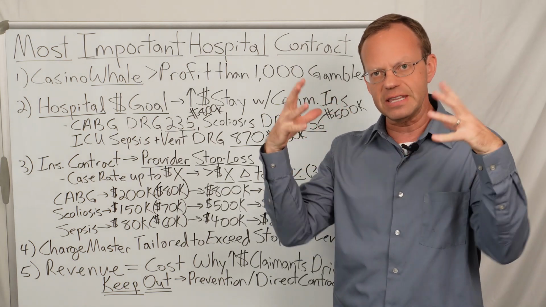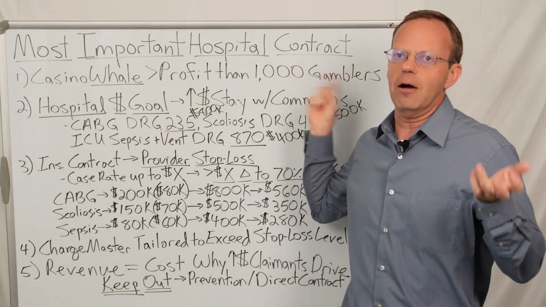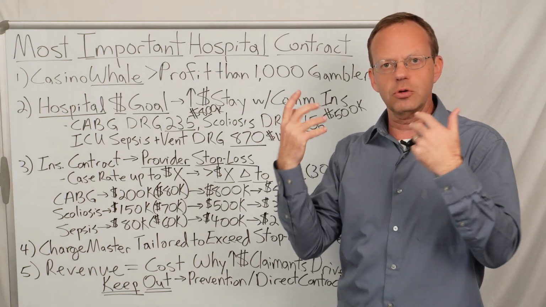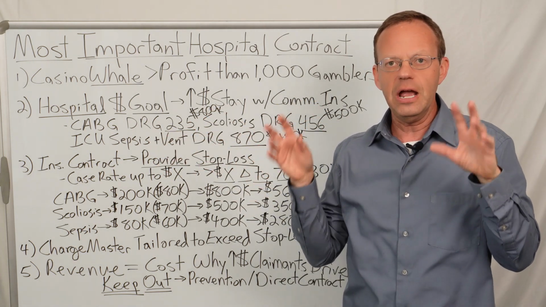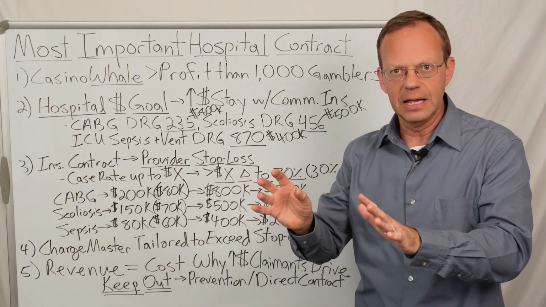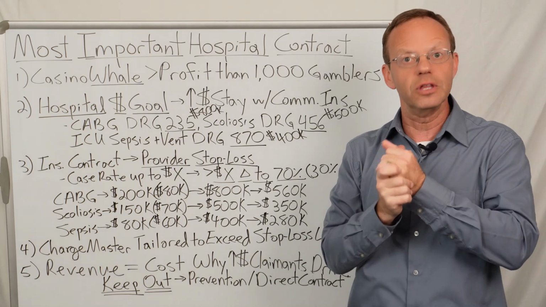And so the profit that the casino makes off of one whale is greater than like 1,000 other gamblers. So to a certain extent, all those people that you might see at a casino, they're like child's play. And it's really the whale that really matters to the casino.